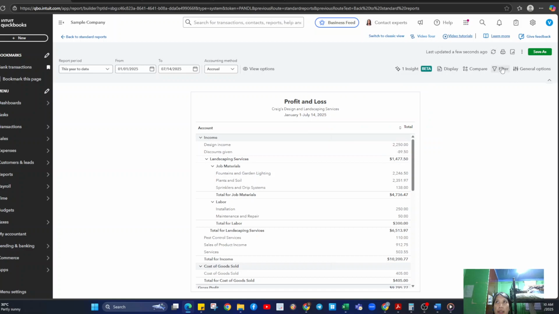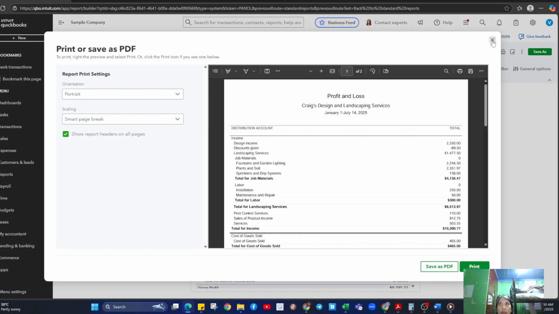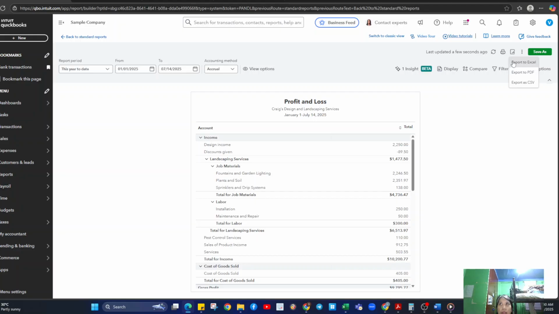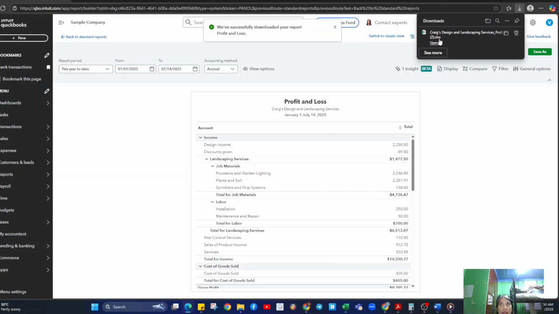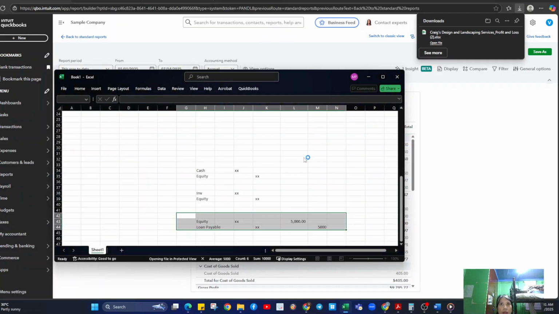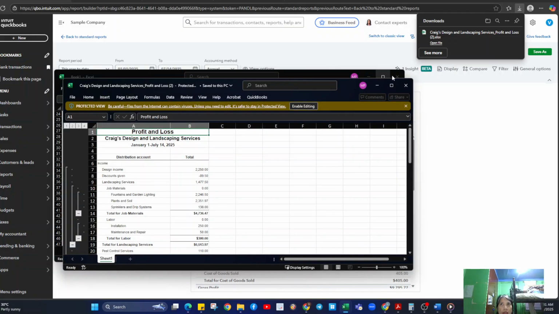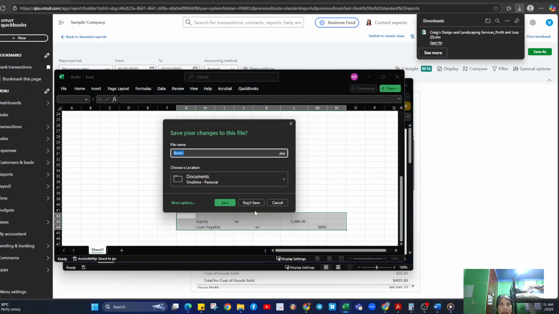And for easier checking, allow me to export this to Excel for easier review of the transaction. All right. I'm just analyzing that one.